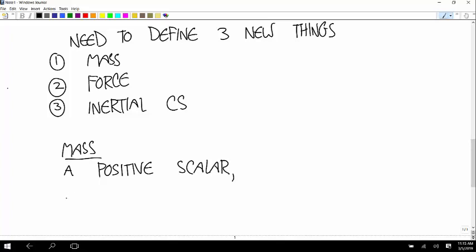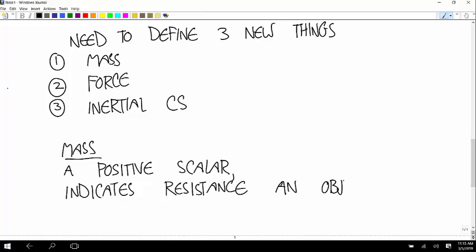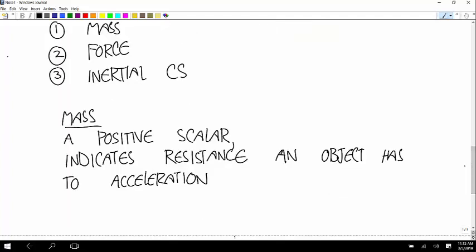It indicates the resistance an object has to acceleration, which you can also think of as a resistance to changing velocity.